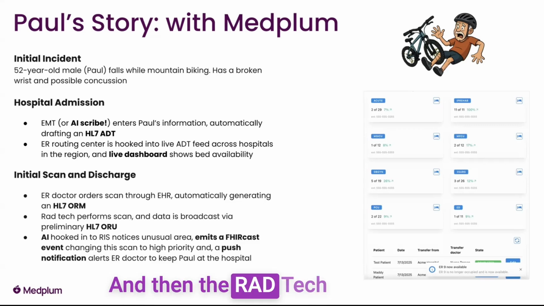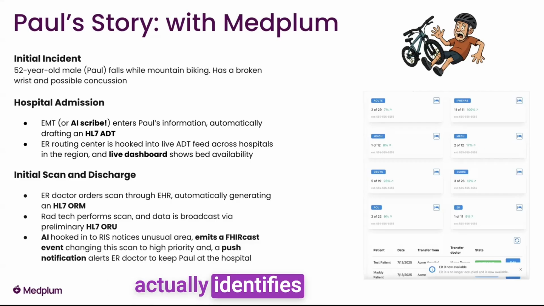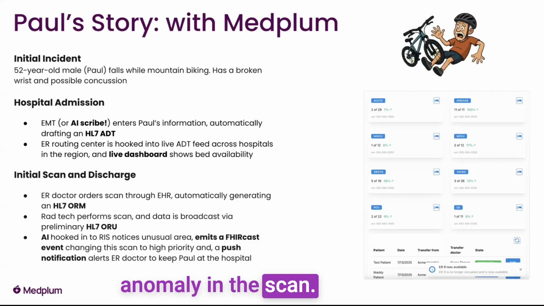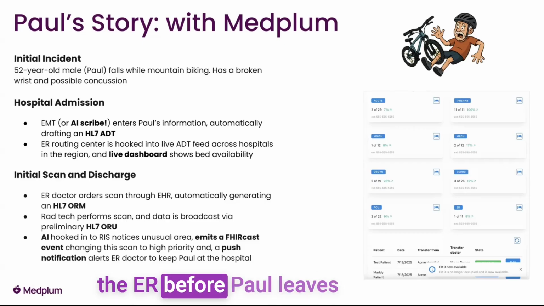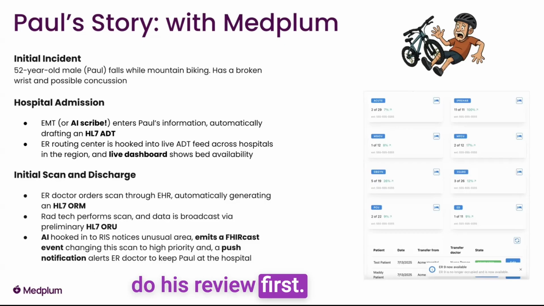And then the rad tech actually opens the scan in a PAC system, and an AI connected to the FHIRCast context that we talked about earlier actually identifies this critical result, or at least an anomaly in the scan. And it emits a push notification telling the ER doctor to keep Paul in the ER before Paul leaves and to let the radiologist do his review first.